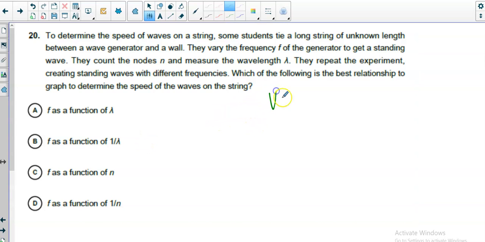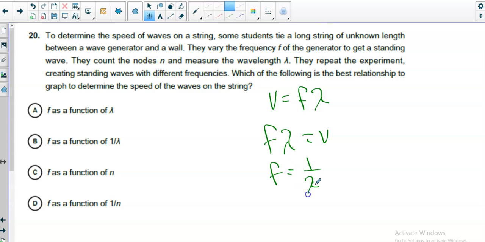So I know that speed equals frequency times wavelength, but I want to make a graph that gives me the speed. So I need that to be the slope. They want f as a function of something, so let's keep f here. So f times wavelength equals speed. Let's divide by the wavelength. So I get f equals 1 over wavelength times v.